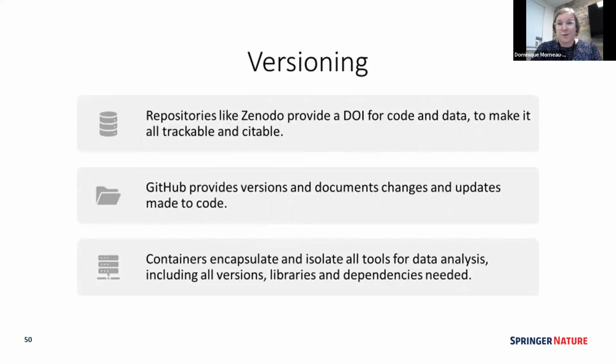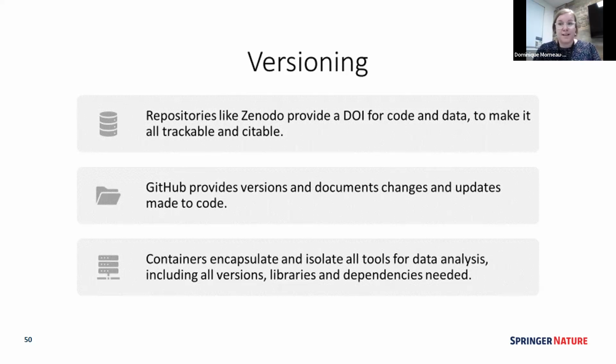And of course, versioning of code is also really important for research integrity. So code is often deposited in a repository, but then down the line, it gets upgraded or altered, like Allison said. And these upgrades can affect the outcome of analyses. So it's really important for both reproducibility and replicability that we have versioning information for code. Usually we would recommend Zenodo because it provides a DOI for code and data, which makes it citable and trackable.